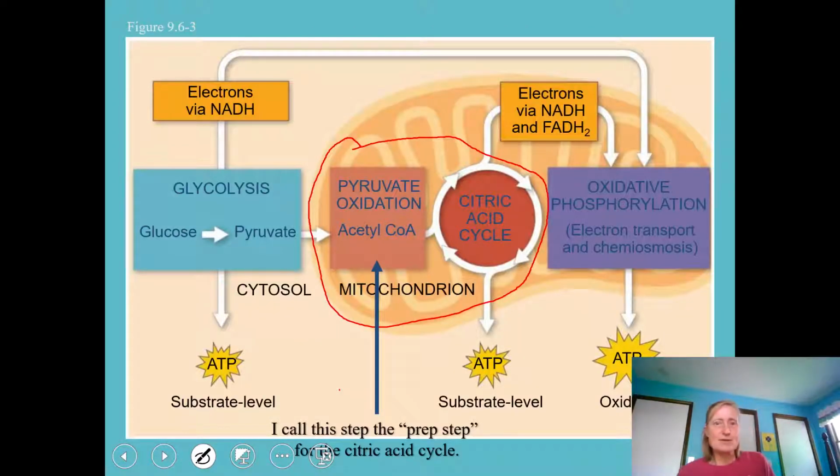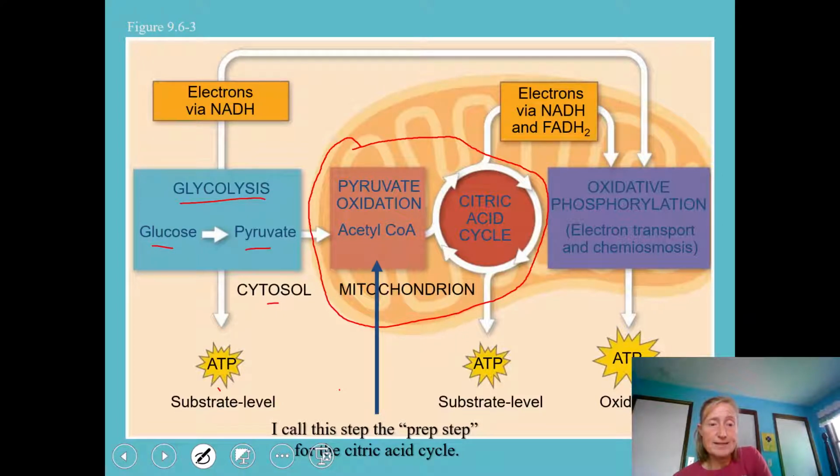All right, this is the slide that you should memorize, right? This is the process of aerobic cellular respiration, all mapped out for us. And so far, we've done glycolysis, right? In glycolysis, glucose is partially oxidized to pyruvate. That's all happening out in the cytosol.